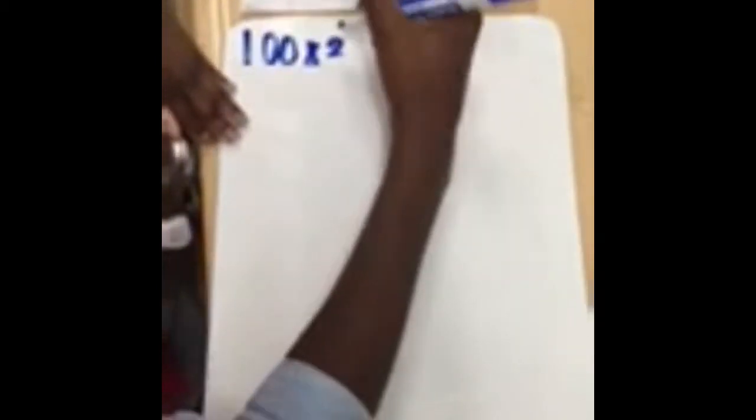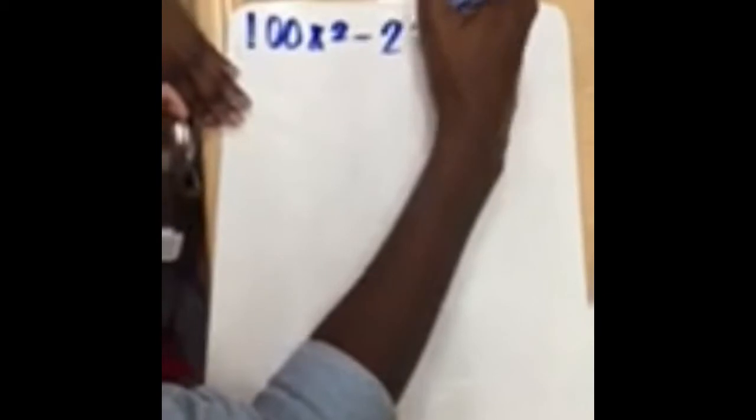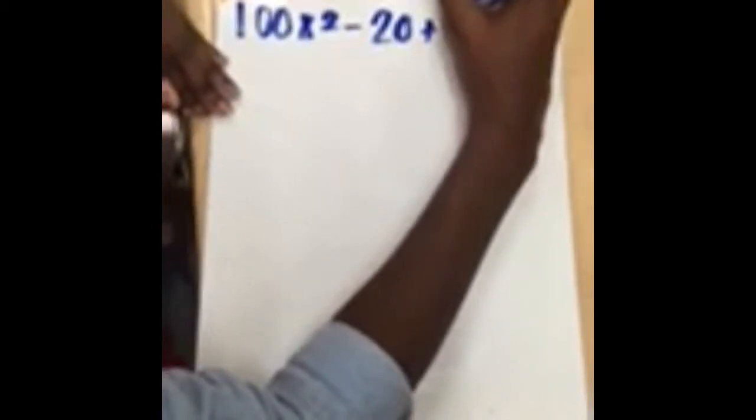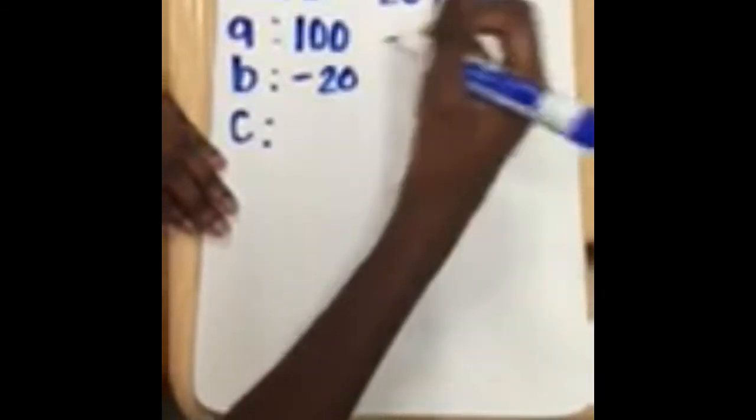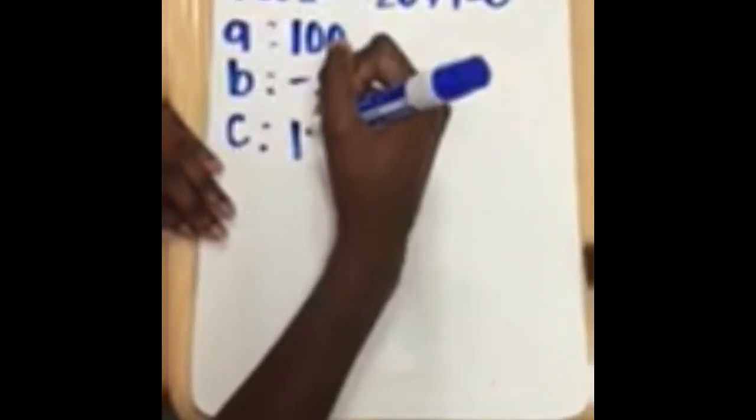Next, the problem is 100x squared minus 20x plus 1 equals 0. We have to find our A, our B, and our C. A is equal to 100. B is negative 20. And C is 1.